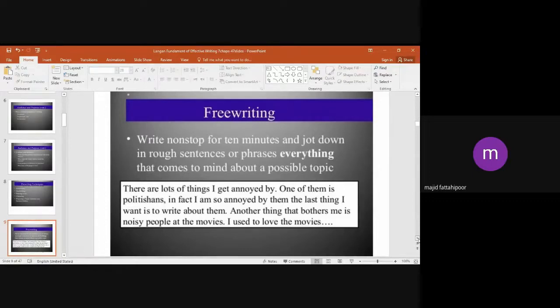So you can see there is no structure, but it's at least good, because she has written 4 sentences that she can build on later. Okay. So this is called free writing, and I gave you an example. You can try for yourself at home, or if you have time now, on any possible topic, but we don't have 10 minutes maybe.